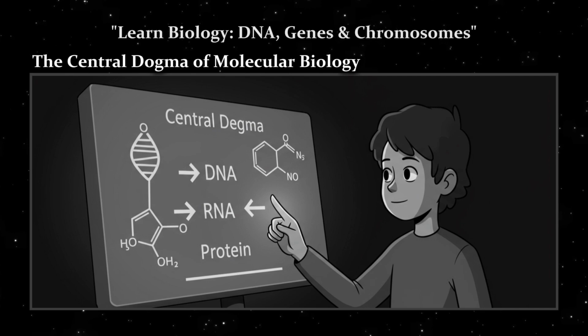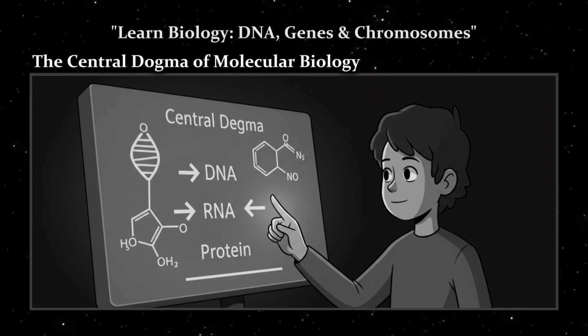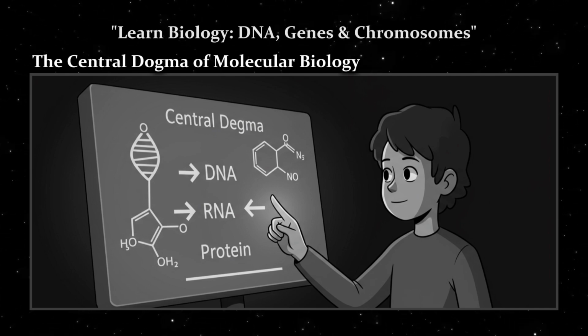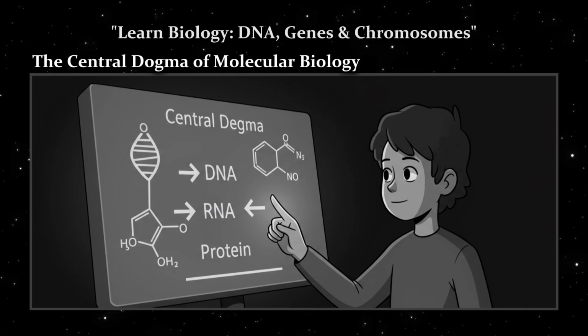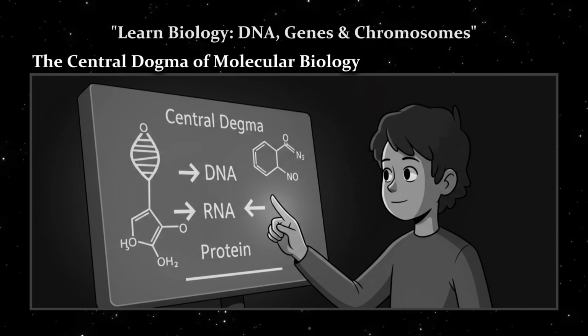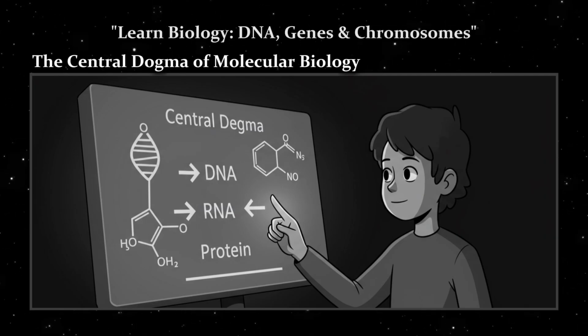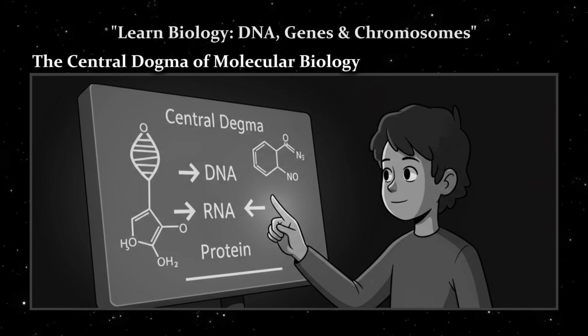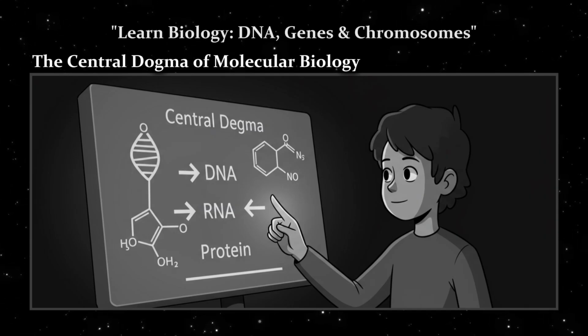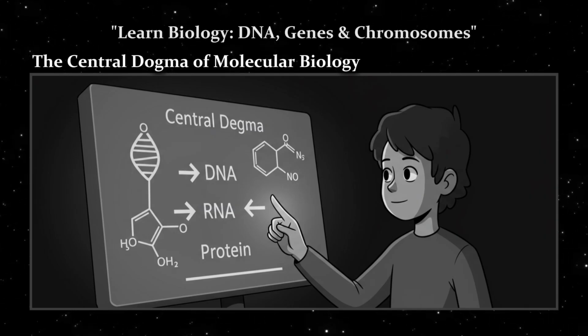Second, we have RNA, or ribonucleic acid. Here is the solution to the problem of the locked vault. If the master blueprint cannot leave the nucleus, how does its message ever get to the cell's factories? The cell solves this by making a temporary, disposable copy of one specific instruction.